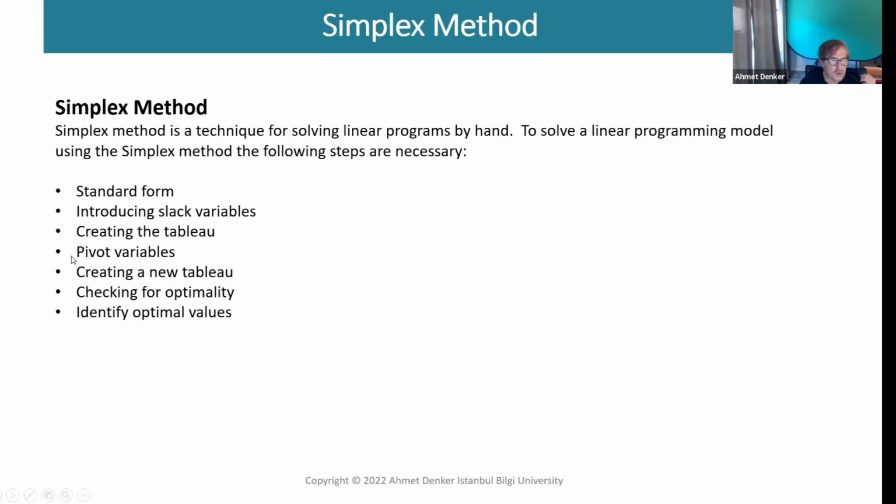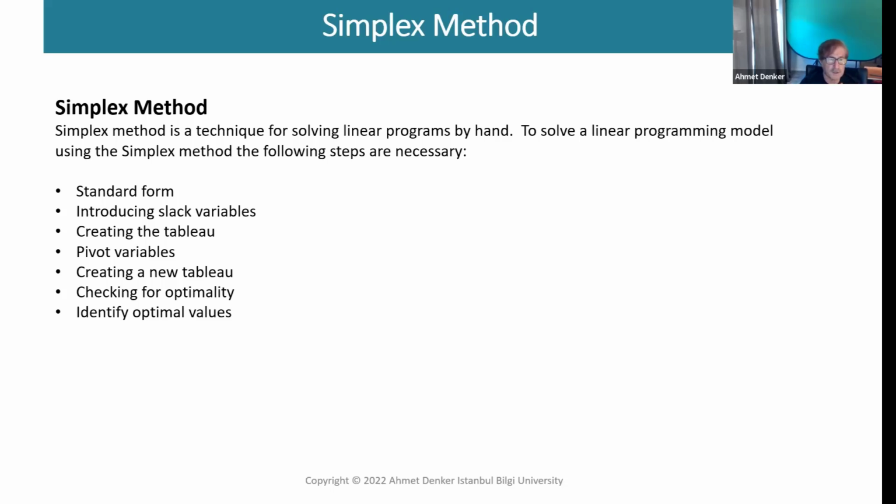Then we are going to choose some variables which are called pivot variables. It's going to be clear soon, when we do the example, what we mean by pivot variables. We are going to select a pivot variable. Using this pivot variable, we are going to create a new tableau, and in each case, we will check for optimality.